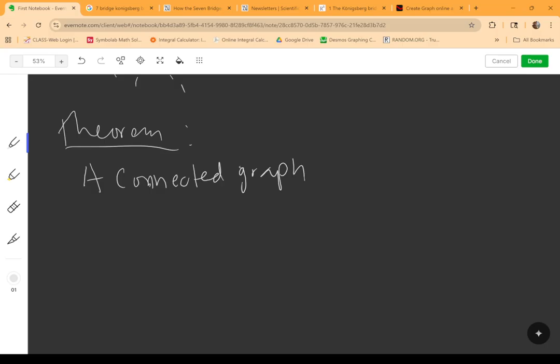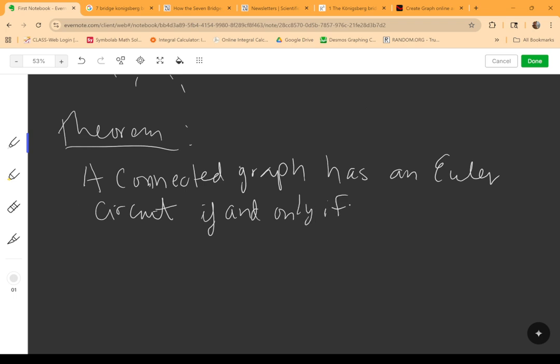So on Euler circuit, we say a connected graph has an Euler circuit if and only if, so here I have an equivalent statement, if and only if every vertex has even degree.